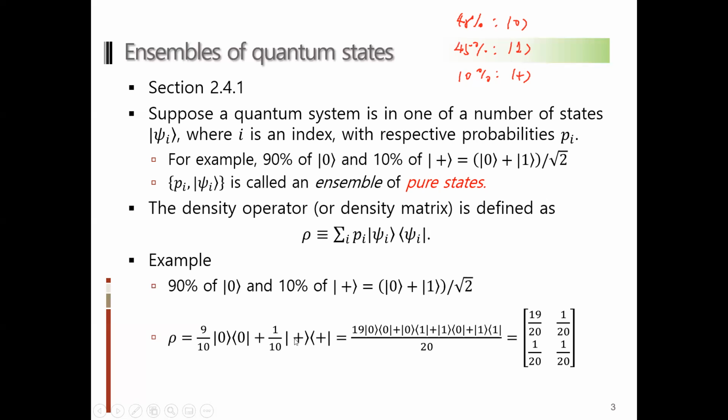We know that this state can be expanded in this way. If we expand the entire term, it will be a combination of |0><0|, |0><1|, |1><0|, |1><1|. Because we also have |0><0| here, if we add them together, the density operator can also appear in the form of a matrix like this one.